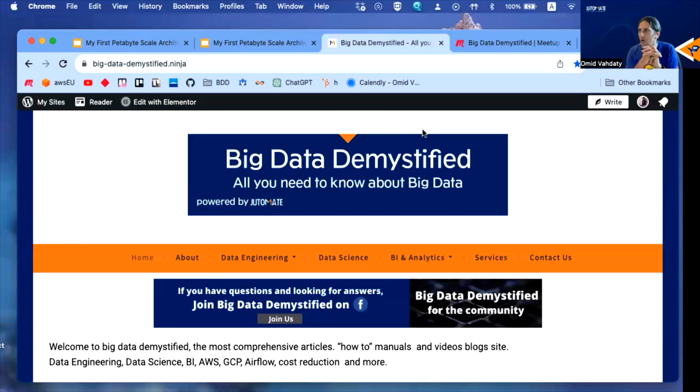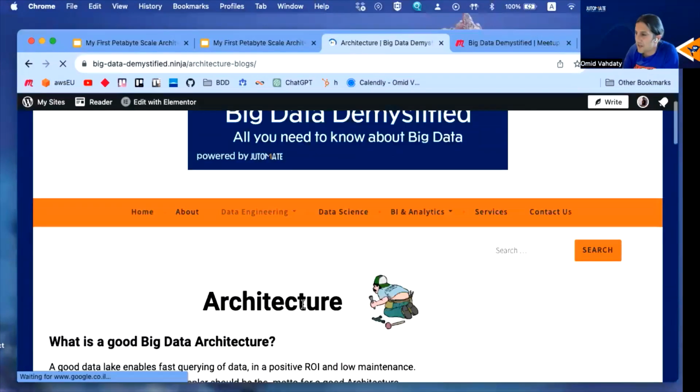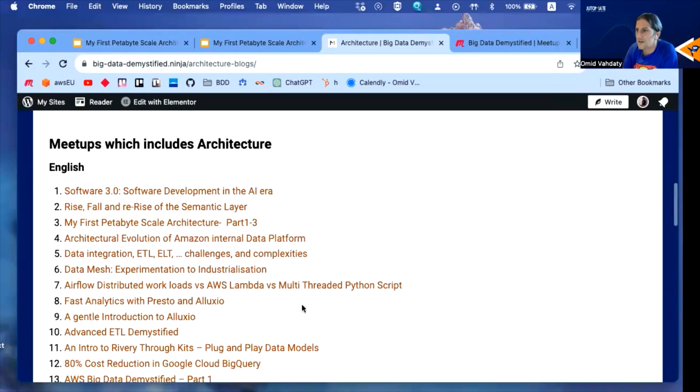Today we're going to talk about an architecture of petascale using several technologies. This is part 4 of a series of lectures on this topic. All the lectures are uploaded here to our website under the section of data engineering architecture.